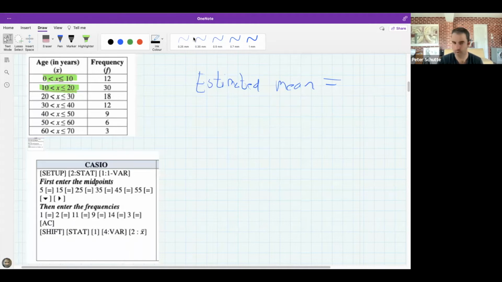Once you've got your estimated mean for this example, you can just pop it in the chat, and then we'll compare the answers we're getting.